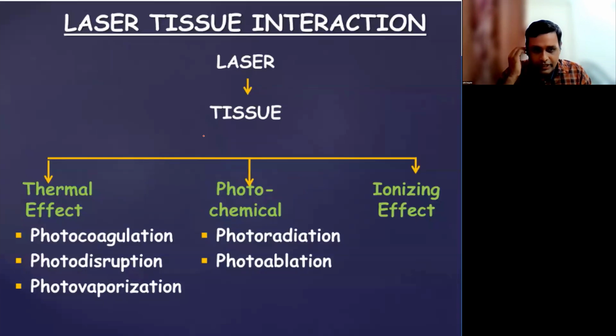Another important effect is photodisruption, where the laser causes disruption of the tissue, especially used in capsulotomy. Photovaporization we use in femtosecond LASIK, for the SMILE technique. Photoablation, as I told you, is the excimer laser we use in LASIK. The main thing we require from the retina point of view is photocoagulation.